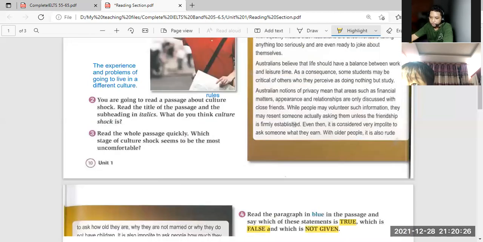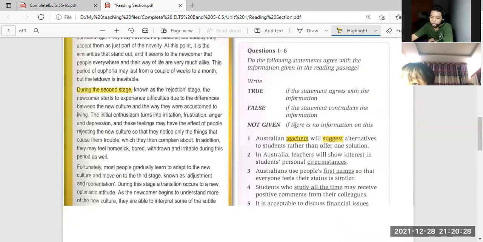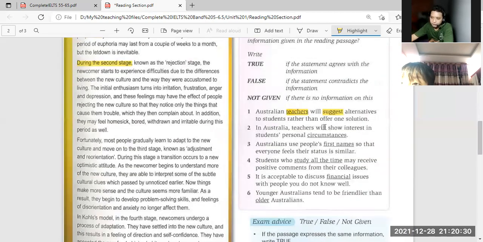Very good. Now let's look at number 2. In Australia, teachers will show interest in students' personal circumstances. Can you see circumstances in the paragraph? Yes.